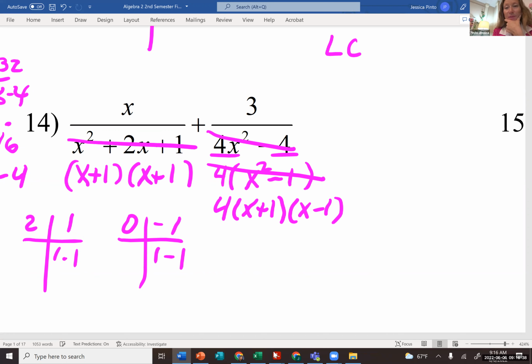So my LCD, least common denominator, is going to contain the number 4. It's going to contain the x plus 1. It needs to have an additional x plus 1. And it needs an x minus 1.